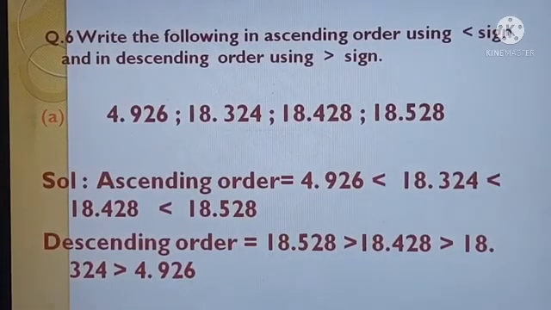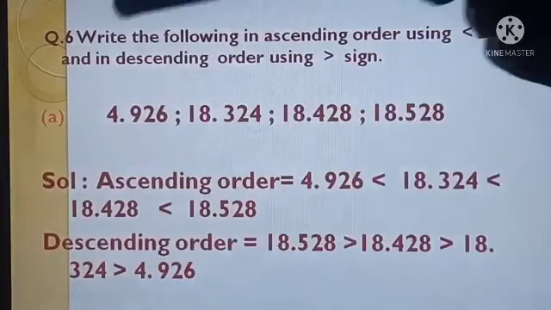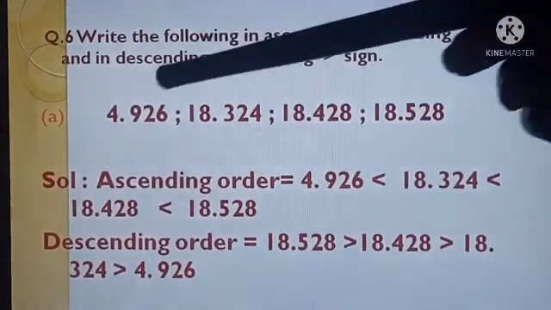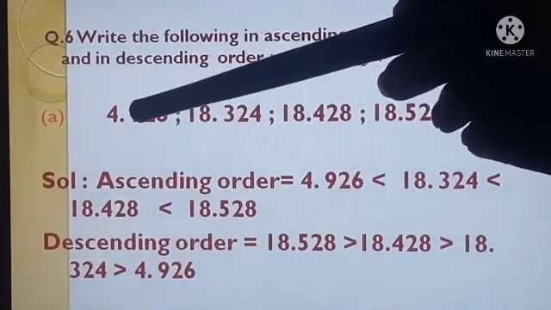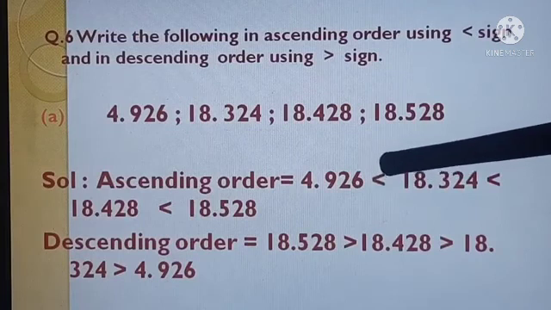First of all, we have to arrange in ascending order, means smaller to bigger. So look here, whole number part, first of all we will check 4, 18, 18, 18. 4 is the smallest one. So it will come on the first place, 4.926.